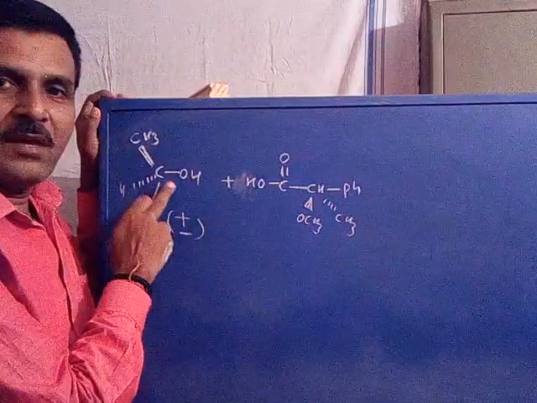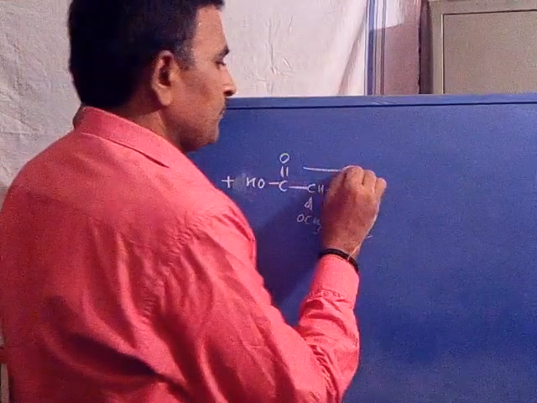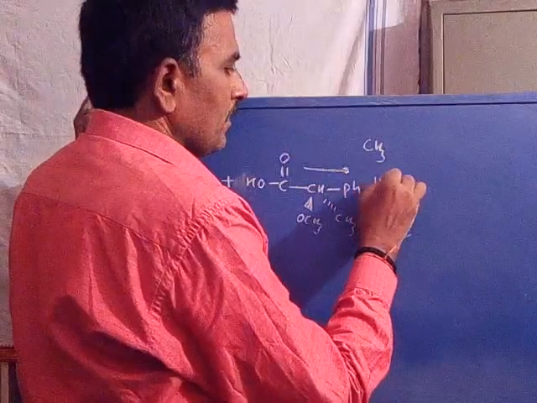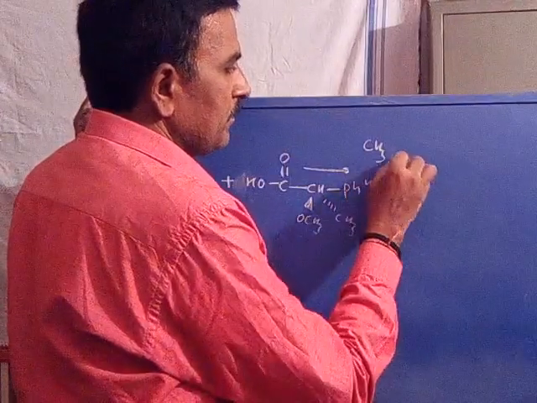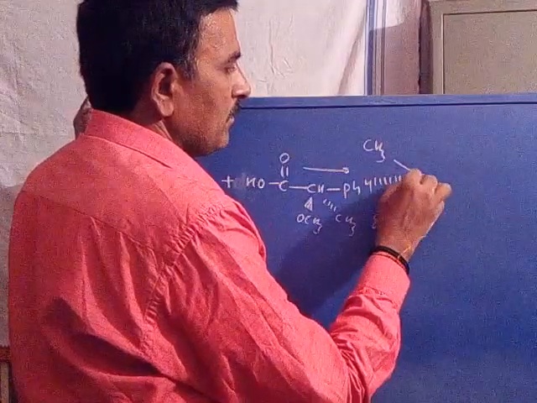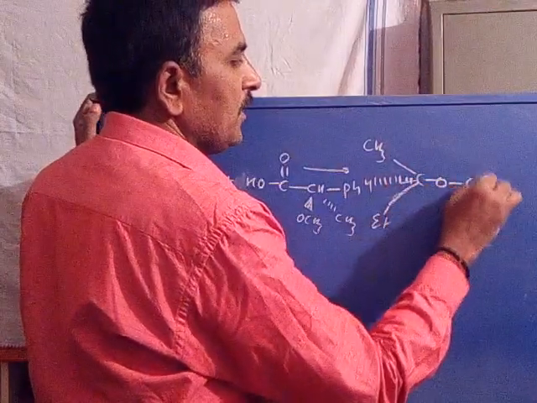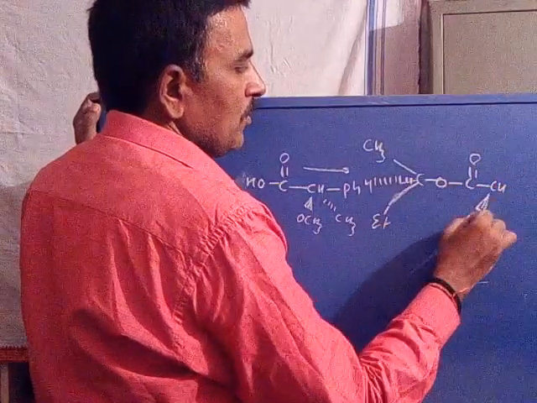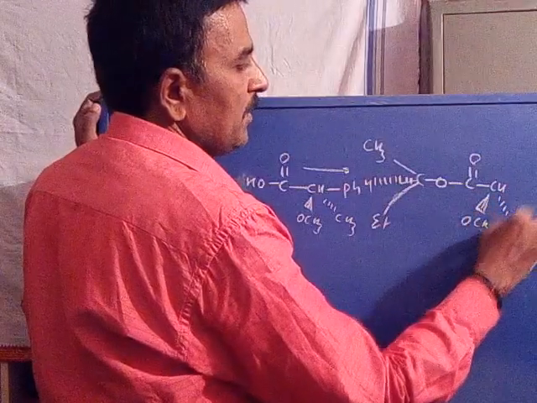It reacts with the OH group of the alcohols of the enantiomeric pair to form CH3, hydrogen, ethyl, oxygen, C double bond O, C, OCH3, CH3, Ph.